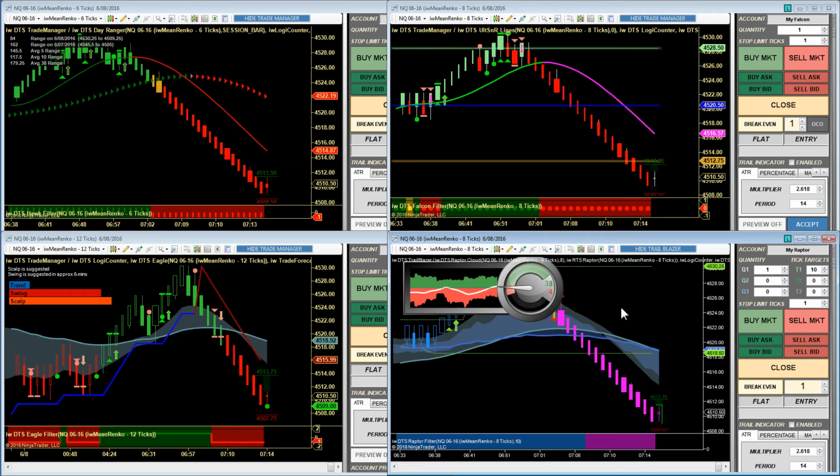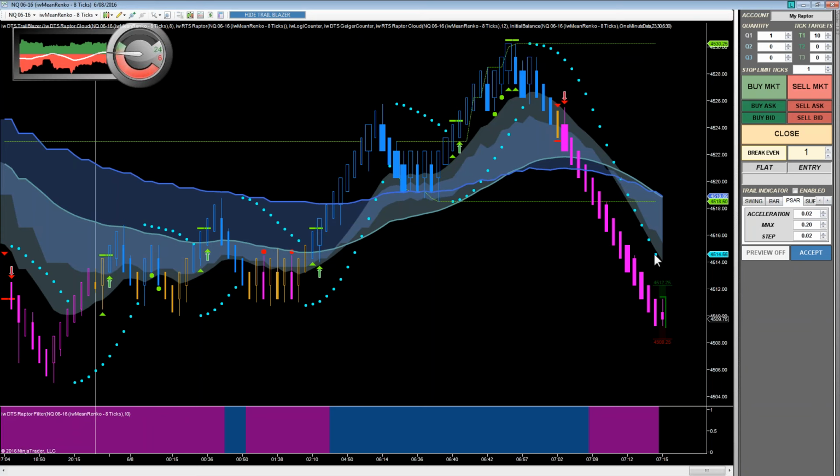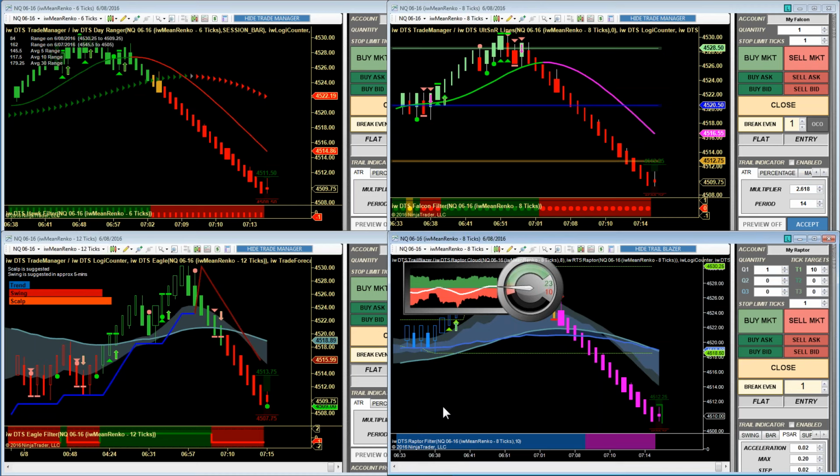Had I shorted from here, I would be in my parabolic mode by now. I would be running parabolic stops. I would not want all this profit to get away on me. It's going to be a tough trade to cover though because there's not much structure here.